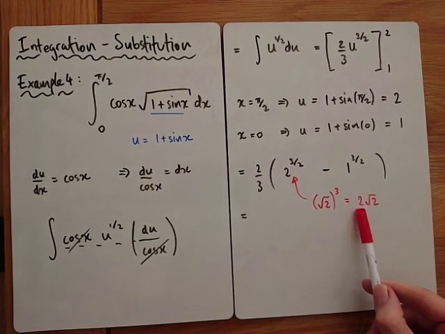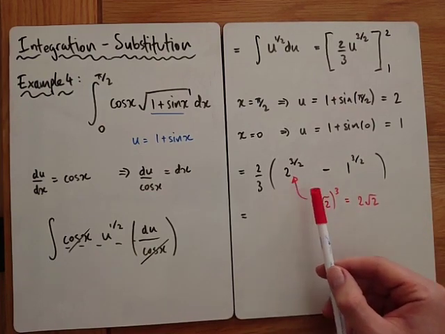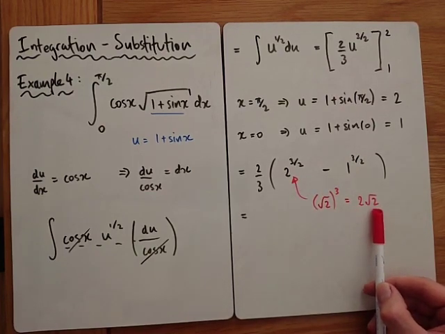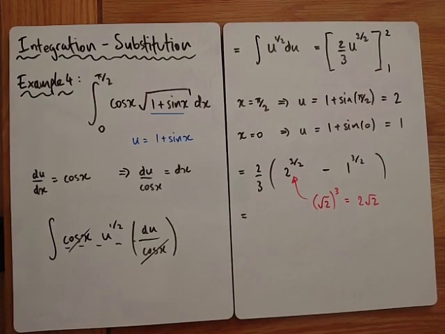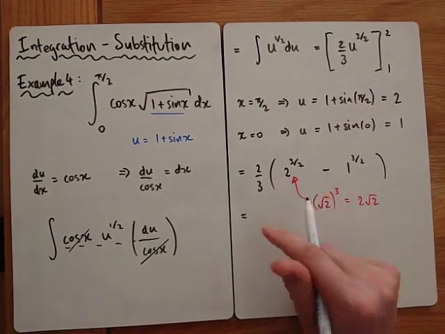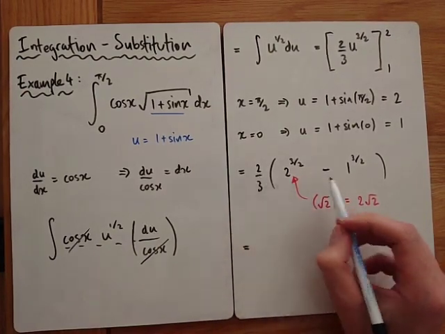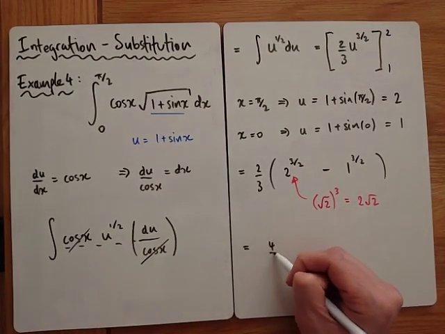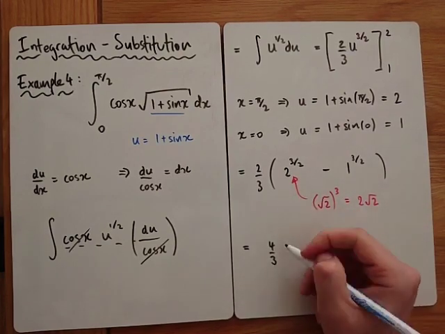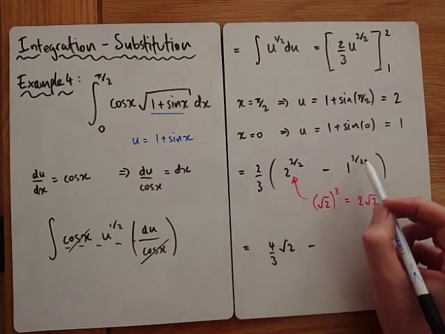There are a couple of ways you can think about it, as long as you understand indices. It's 2 to the power 1 times by 2 to the power half, which is the same as adding the powers and getting 3 over 2. So I'm going to leave this answer as 2/3 times by this, so that would be 4/3 root 2, minus 2/3 times by 1.